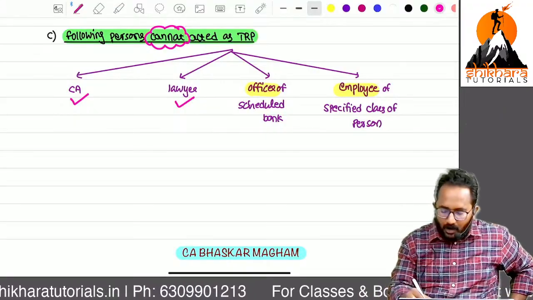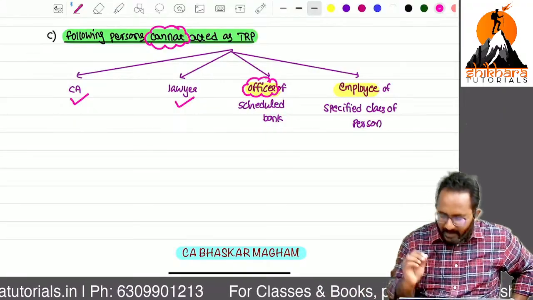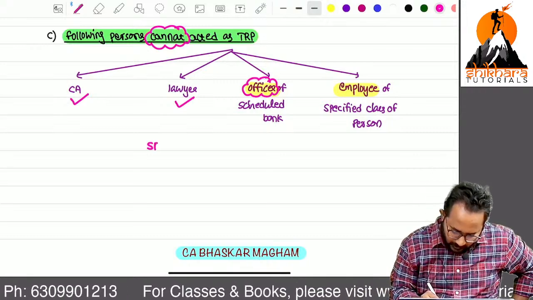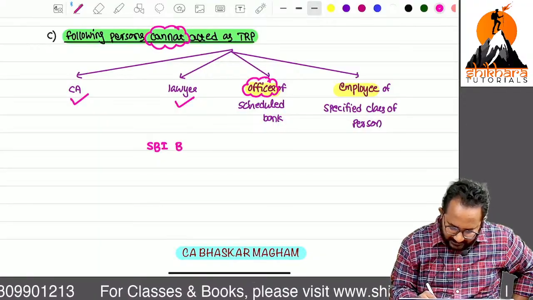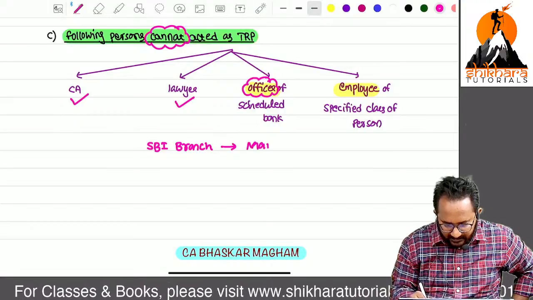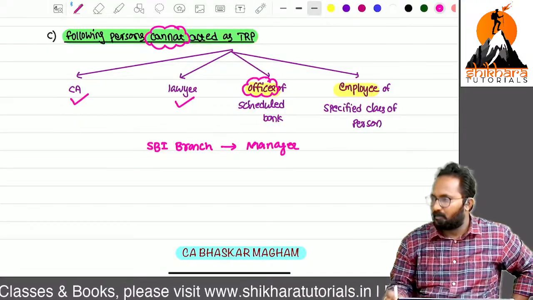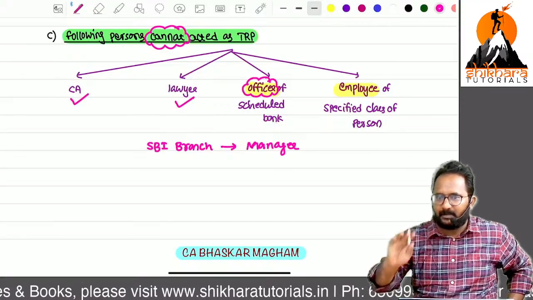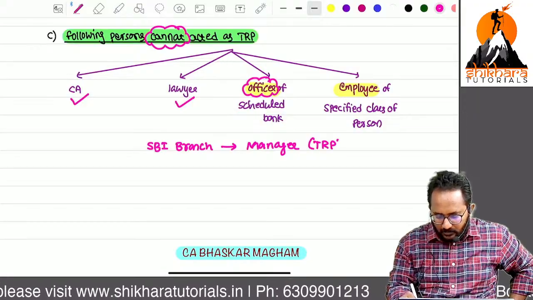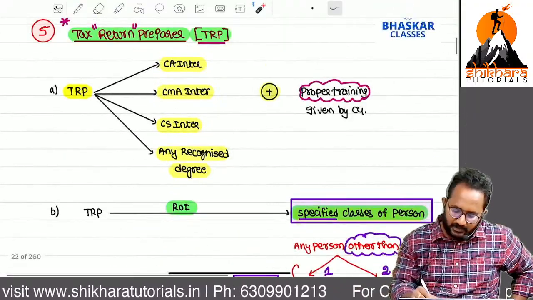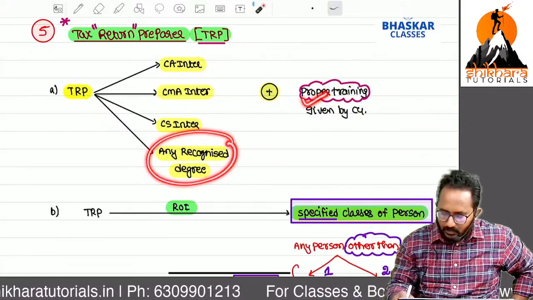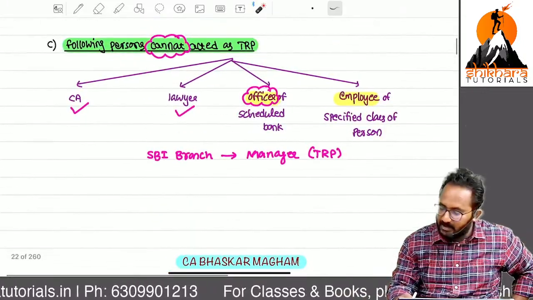Now, officer of a scheduled bank. Example, one SBI branch is there, ma. For that SBI branch, one manager is there. He holds the TRP certificate. So generally he has any other recognized degree, and he has already completed the central government training. Now can he act as a TRP? Yes.